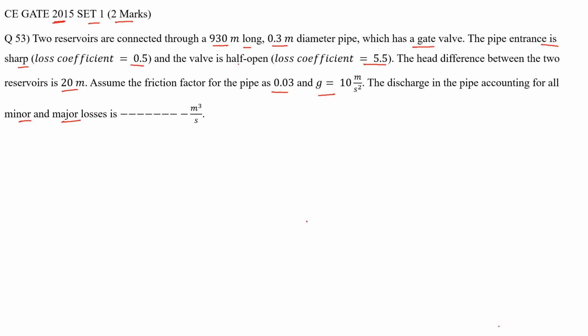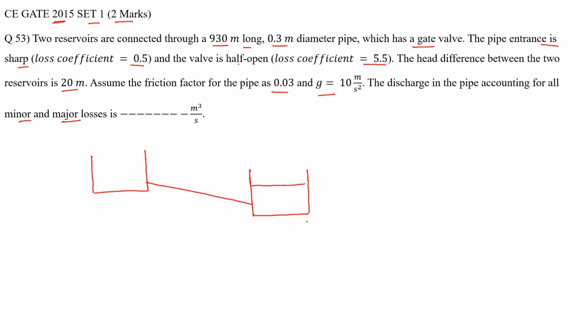Let's draw this diagram to see how it looks. They mentioned that there are two reservoirs connected to a pipe.